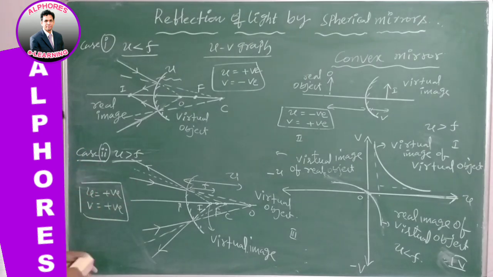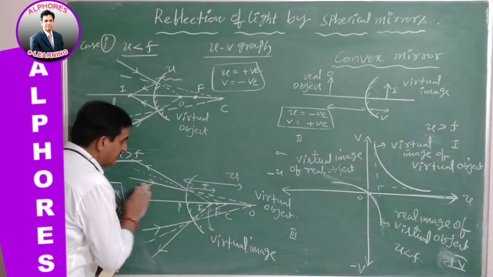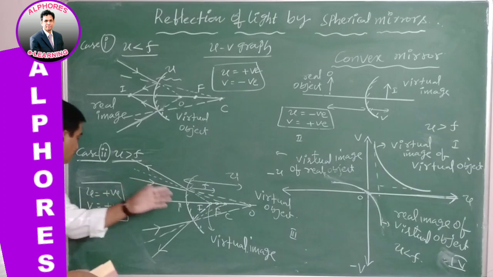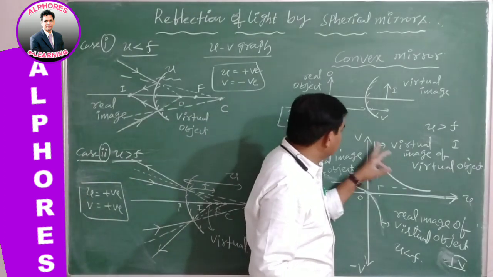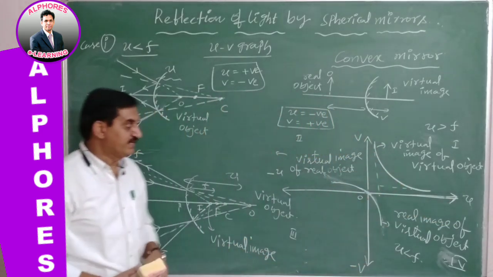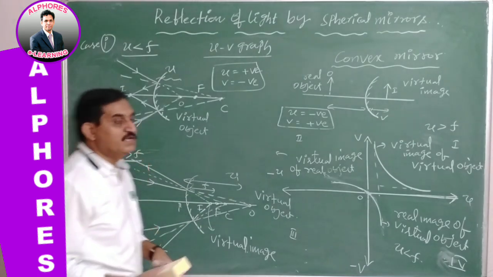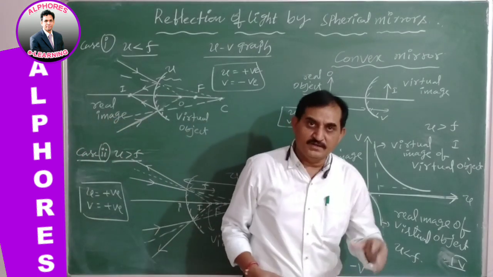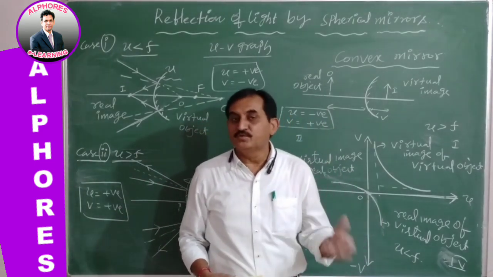Both are positive signs. When we measure from the pole to the object in the direction of the incident light, both are taken to be positive. Therefore v positive, u positive, that extends in the first quadrant, that is a rectangular hyperbola. So these are the cases related to the convex mirror while drawing the graph between u and v.